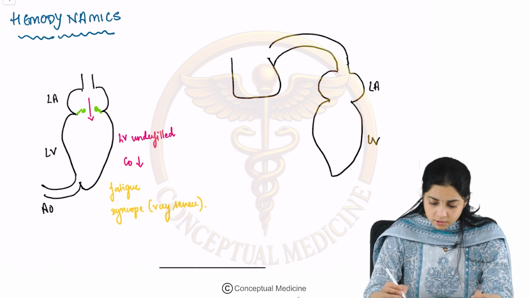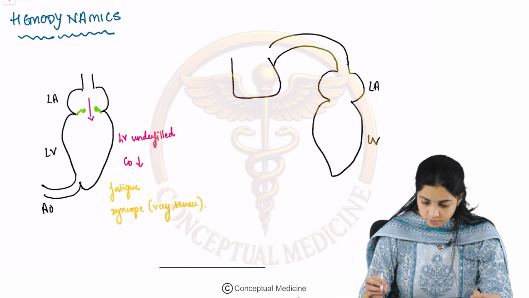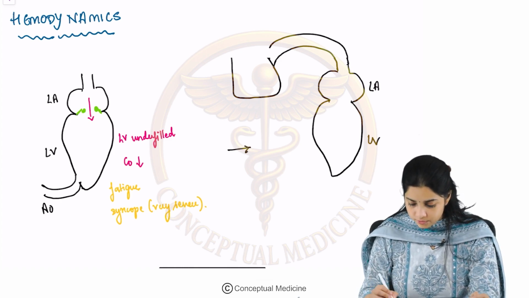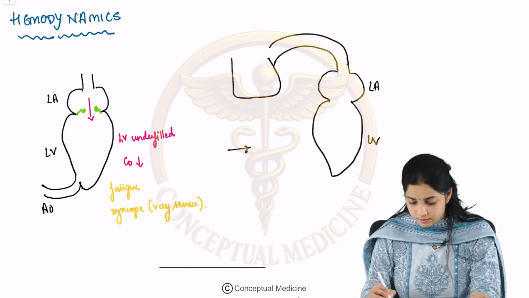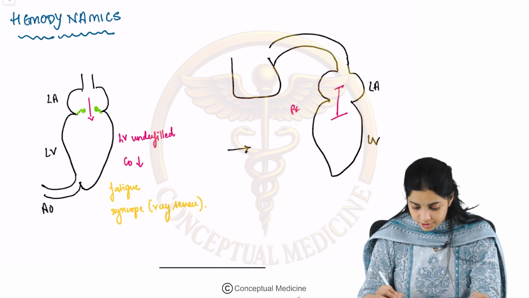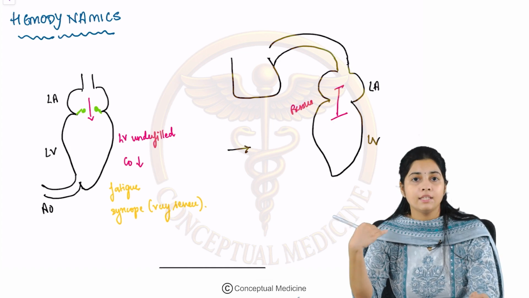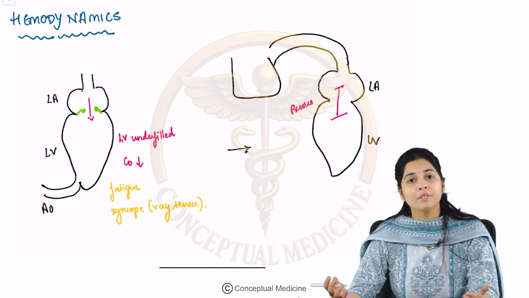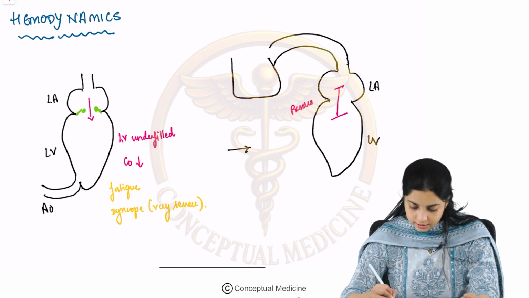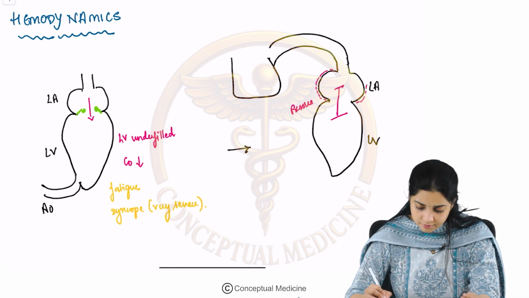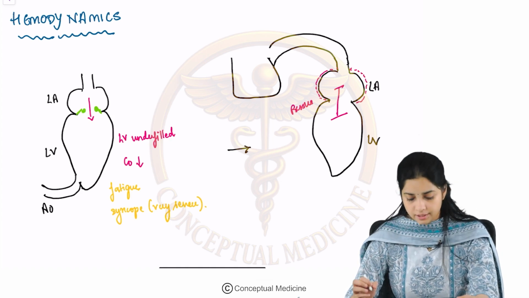Over the course of time, because of stenosis, there will be a pressure gradient developing between the LA and the LV. So over the course of time, the LA begins to stretch so as to accommodate the high pressure generated in the left atrium.